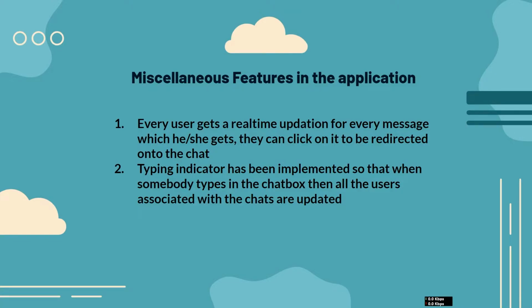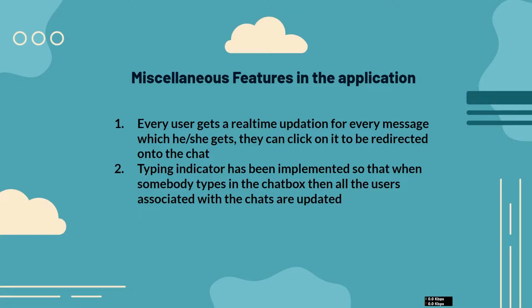Every chat gets updated in real time just after every message is sent. If the user is not currently in the chat in which a message is received, there is a notification icon which I have placed at the top of the website where notifications are displayed.